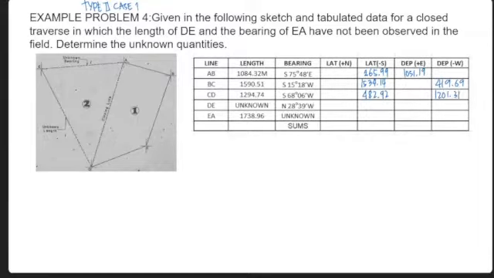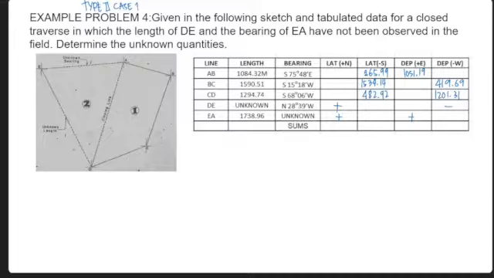So for our line DE, meron tayong latitude, meron tayong bearing. So yung bearing niya is north for the latitude and meron siyang west or negative departure. And for our EA, unknown length, so i-assume natin on the positive latitude and positive departure siya.